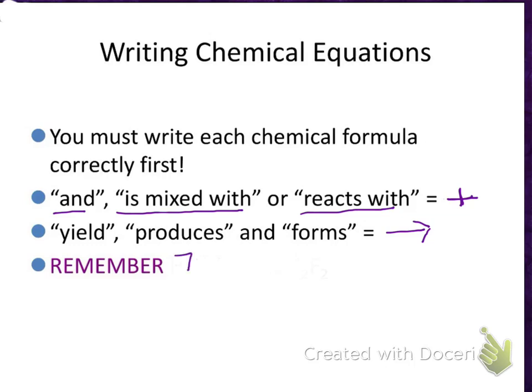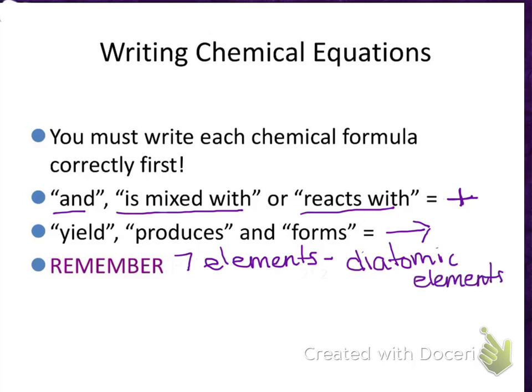Another thing that you need to be familiar with, and we haven't talked about this before, but there are 7 elements. And when we find those elements naturally occurring in nature, they occur as what we call diatomic elements. Okay, and diatomic means 2 atoms together. That's the way they occur naturally.